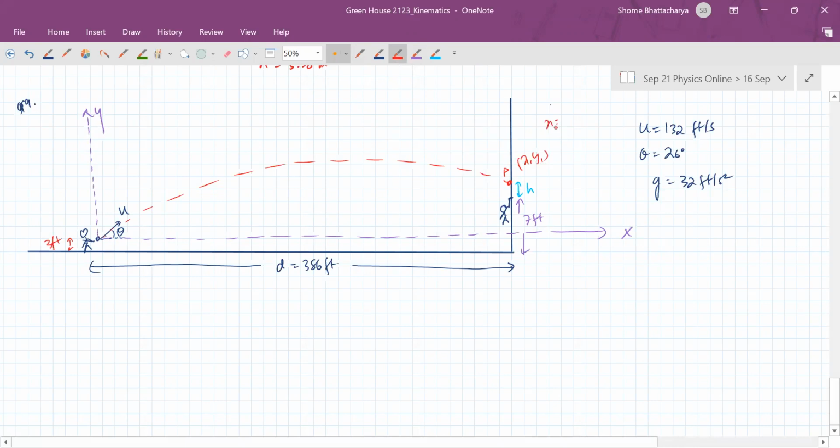So x1 will be equal to 386 feet, and y1 will be this distance, which is 4 feet plus h. That is the height by which he misses the ball. Now let's come to the trajectory. So the equation of trajectory.